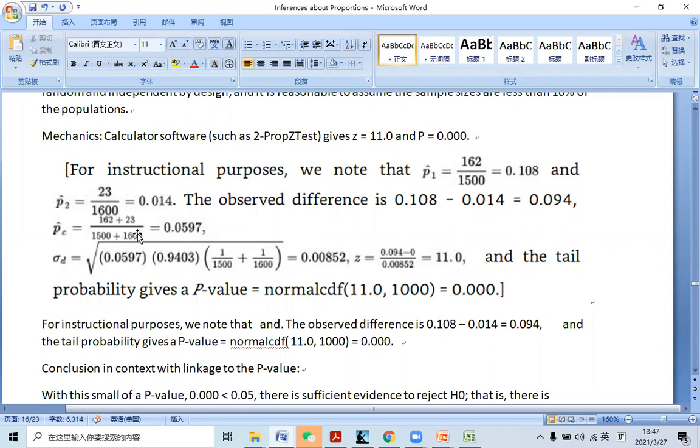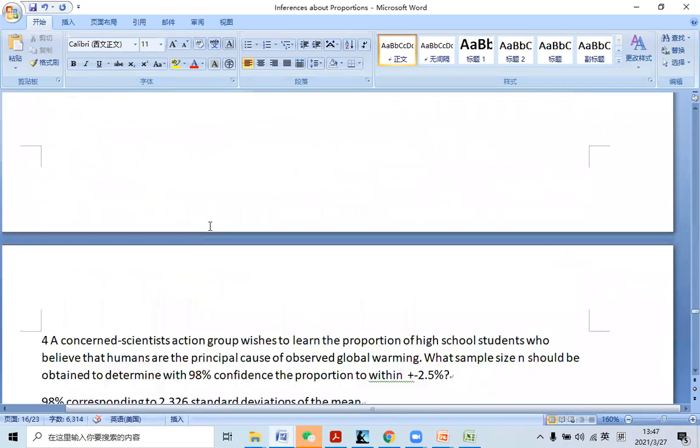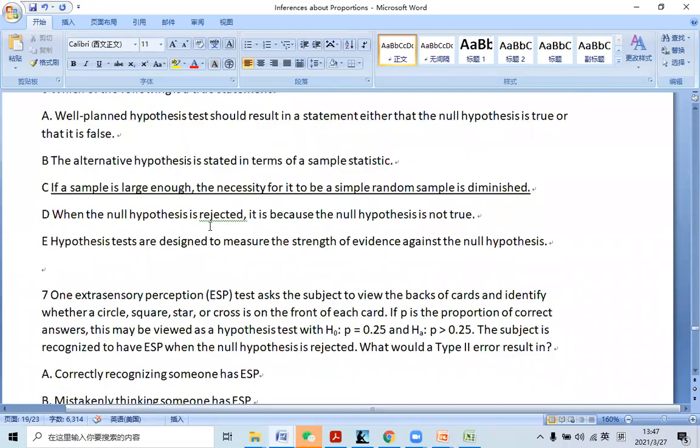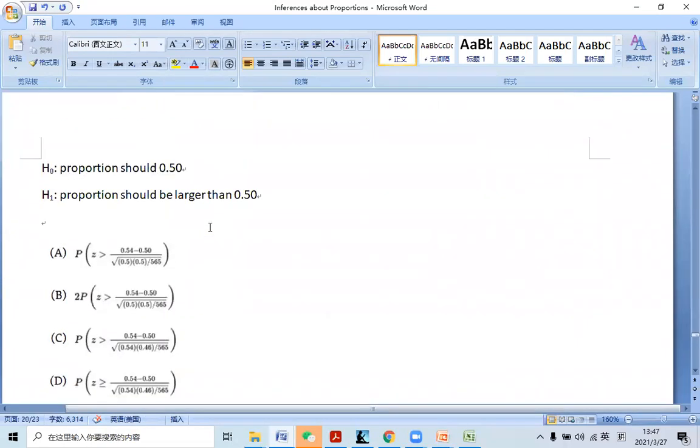You need to add the two samples, combine the two samples, and then combine the proportion of the people you are interested in from the two samples and get the combined proportion. So first, let's combine the two proportions.